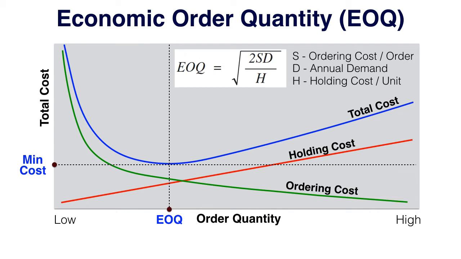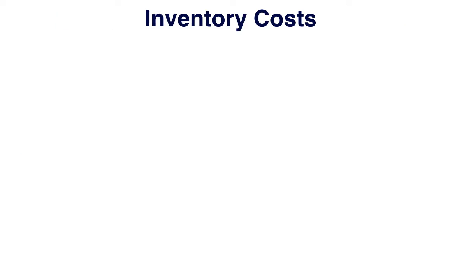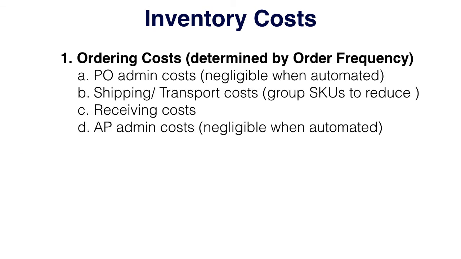Now, H is not the unit price multiplied by the total quantity you order, but we consider the opportunity costs, and that's why I want to talk about these types of costs in a bit more detail. Ordering costs are generally determined by the order frequency, and they include purchase ordering, admin costs, and shipping and transportation costs.